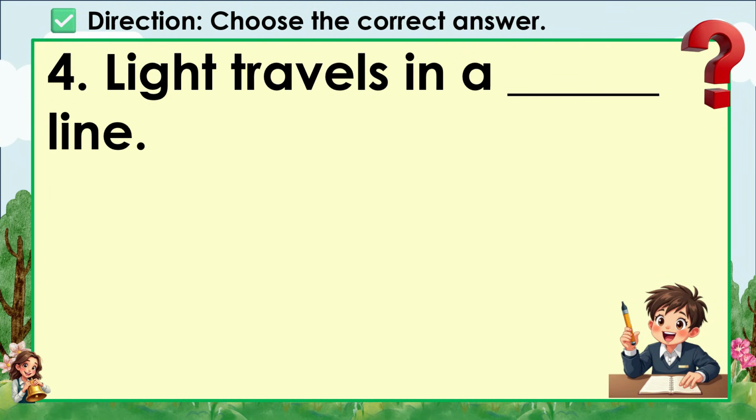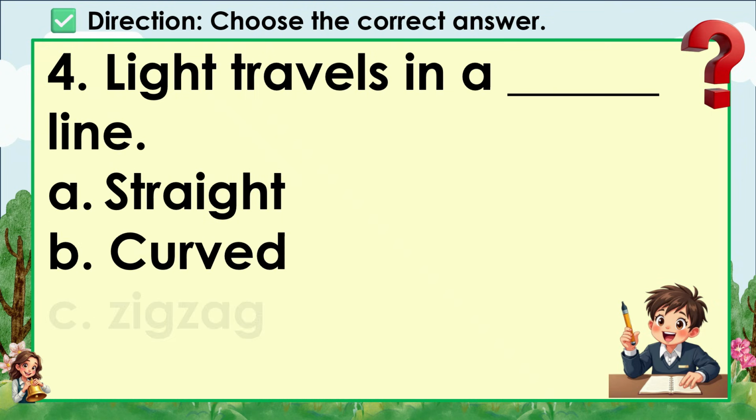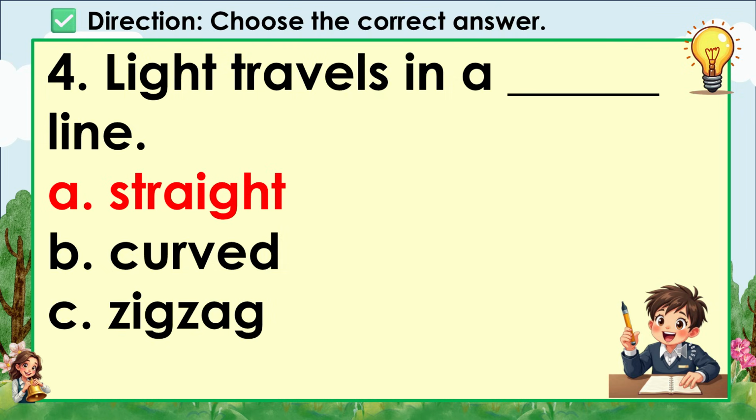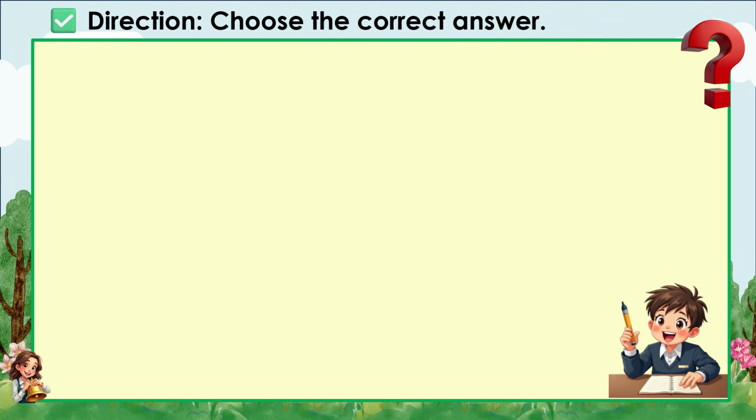4. Light travels in a blank line. A. Straight. B. Curved. C. Zigzag. The answer is A. Straight. 5.